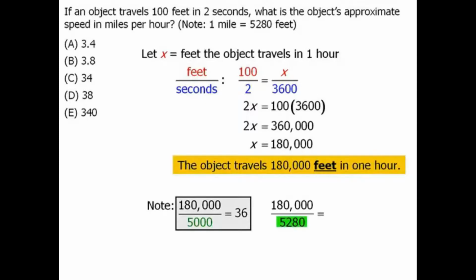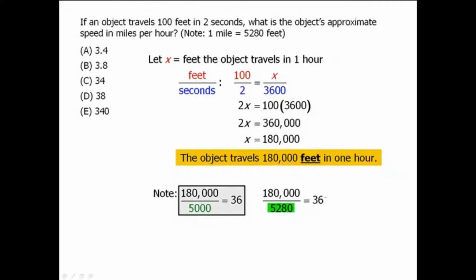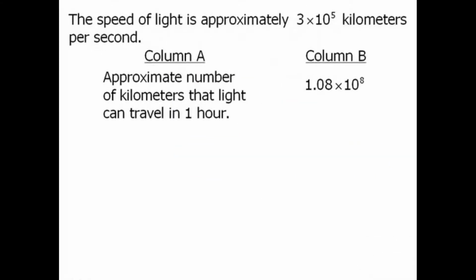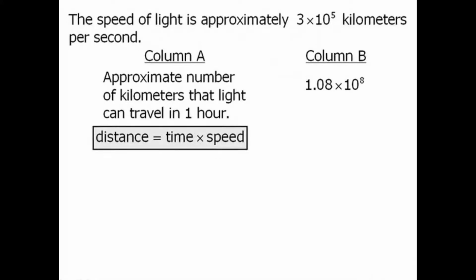So what happens if we take 180,000 and divide it by a number slightly larger than 5,000? Well, our result will be a number which is slightly less than 36. So our answer must be 34. This is the only answer which is slightly less than 36. The answer is C.